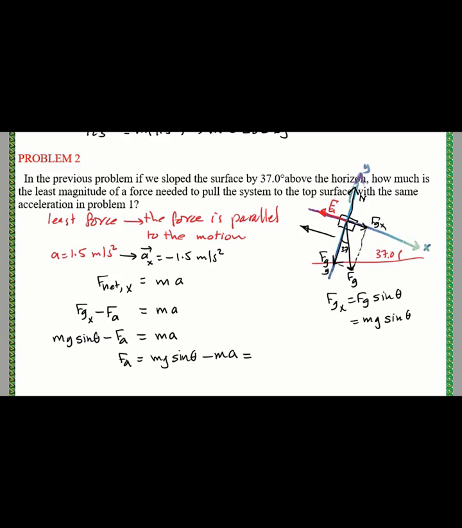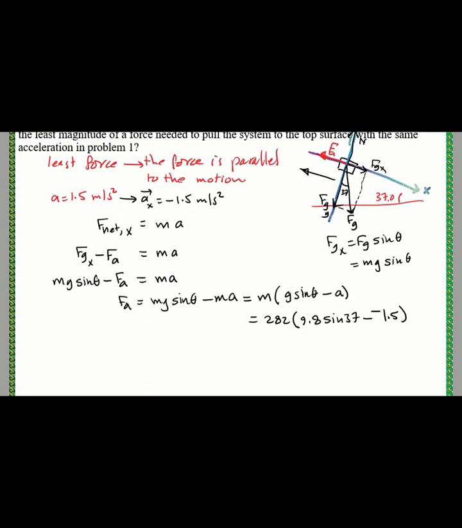Now you can substitute or take the m as a common factor: m times g sine theta minus a. M is 282, g 9.8, sine of the angle 37, minus acceleration as we discussed before, it is minus 1.5 because it is in the negative x direction.